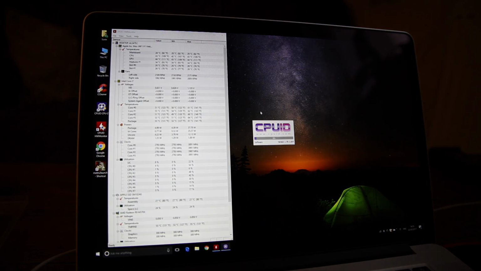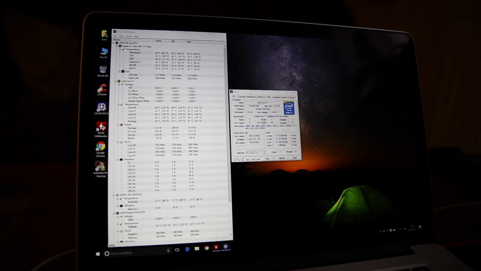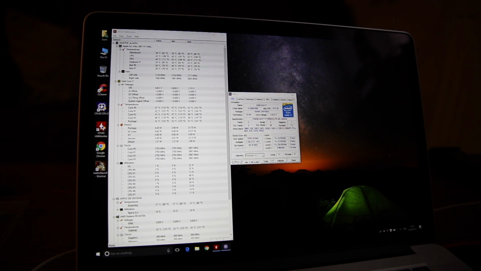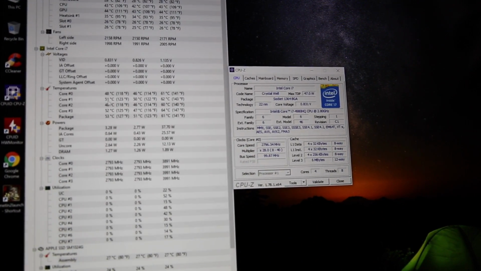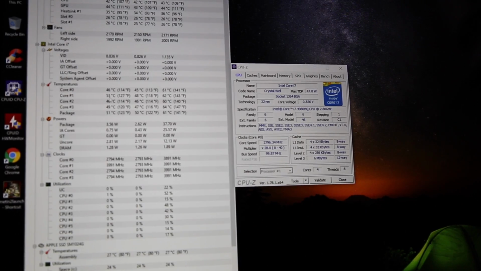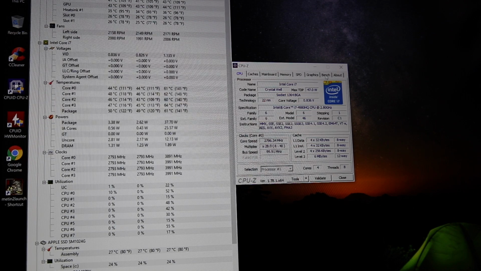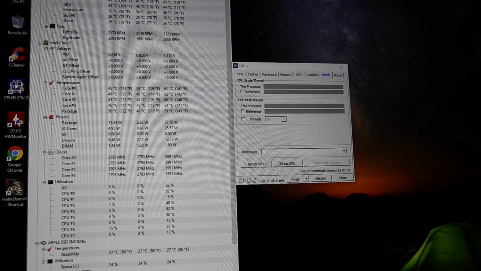CPU-Z. We haven't even started and we have like 50 degrees on the processor. Let's zoom in. Yeah, like 50 degrees on the processor. Let's start stressing and let's count.